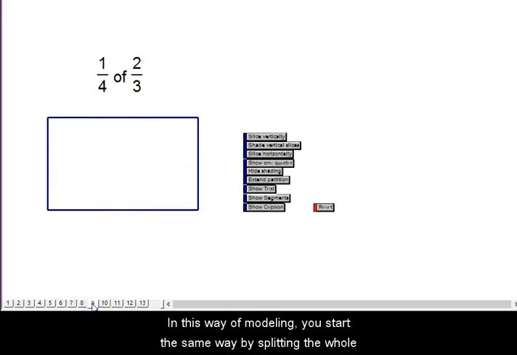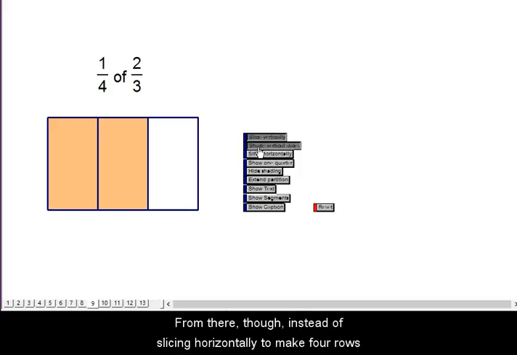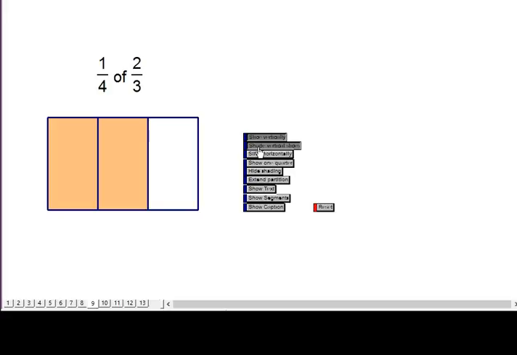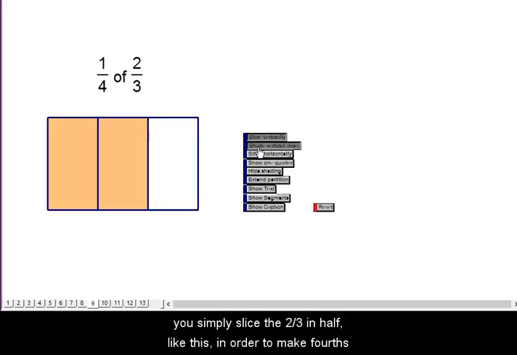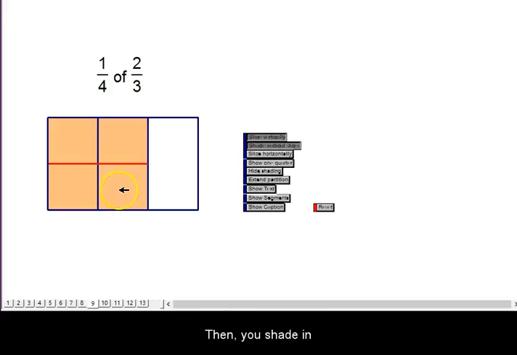In this way of modeling, you start the same way by splitting the whole into thirds and then shading in 2 of the thirds to make 2/3. From there, though, instead of slicing horizontally to make 4 rows, you simply slice the 2/3 in half, like this, in order to make fourths where 1/4 is here, 1/4 is here, 1/4 is here, and 1/4 is here.